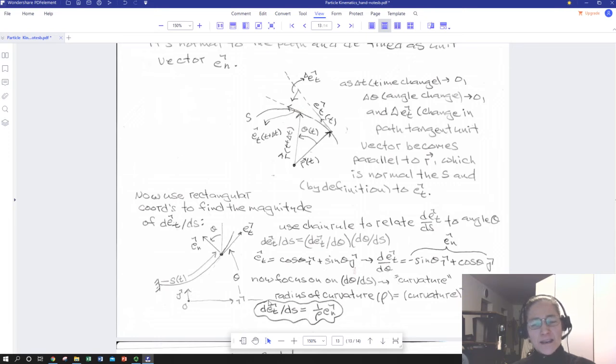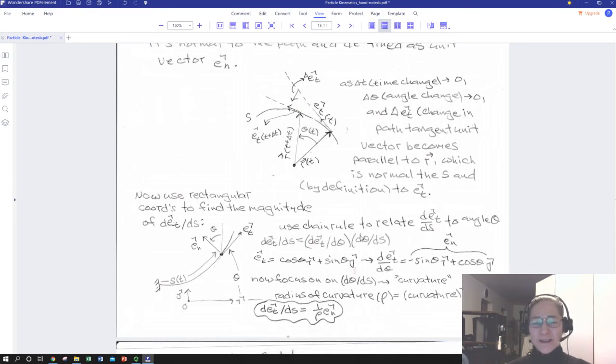We're going to define an I, J Cartesian system and a theta angle just to give us a reference to make some relationships. So we can now say that our d t hat, our change in the tangent unit vector with distance along the path ds, using the chain rule again, is equal to the change in that tangent unit vector with respect to this angle theta times d theta ds.